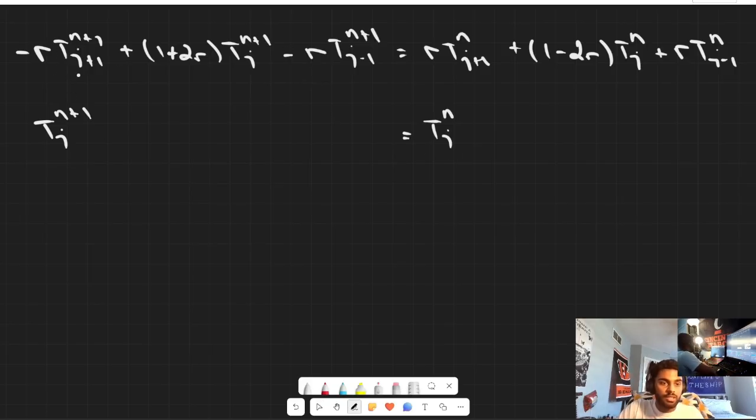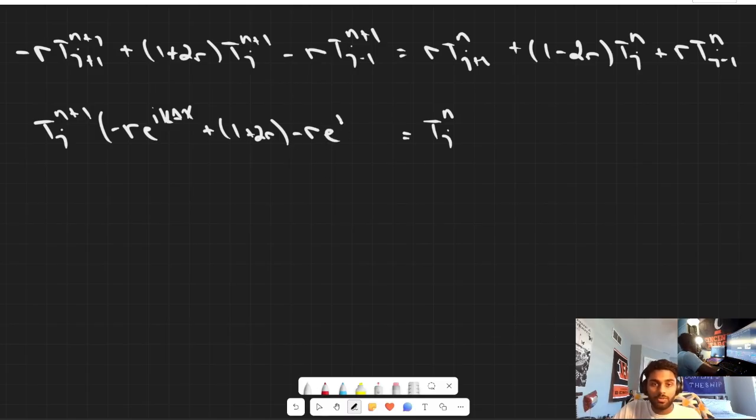If we pull out Tj from here, we have a minus R. And this is one position to the right, which is to say that we are shifting by some multiplicative factor of e to the ik delta x. And this solution comes from when we did our first von Neumann analysis in the first video. Similarly, we go on here, and now we have plus this 1 plus 2R factor. That's what's left behind here. And similarly, for the position to the left, we are shifting over by minus ik delta x.